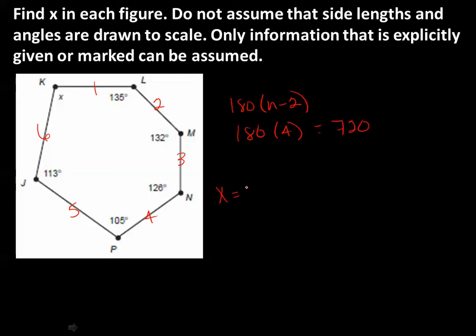And so I'm going to say x equals 720 minus, and I'm keying them all in this time, 135 plus 132 plus 126 plus 105 plus 113.